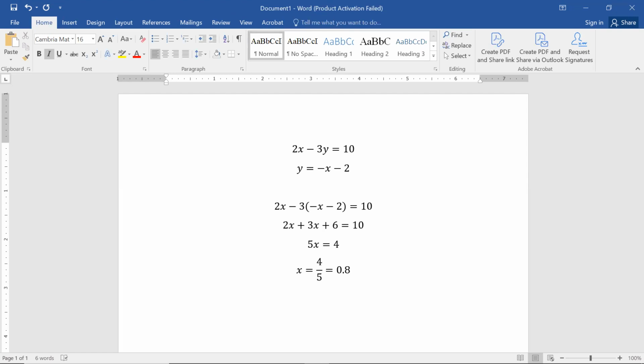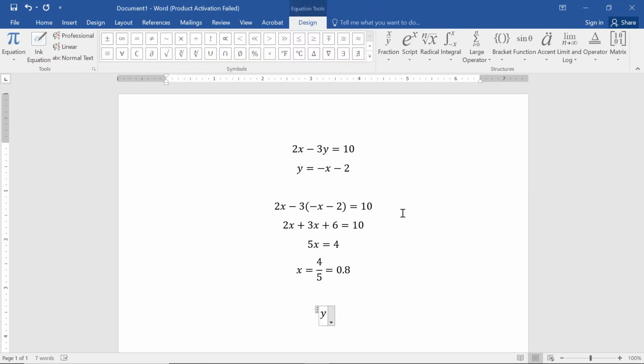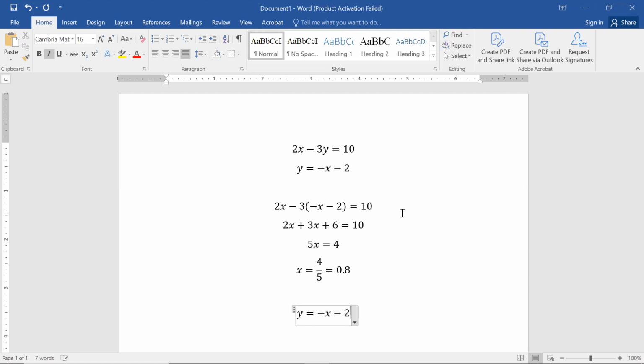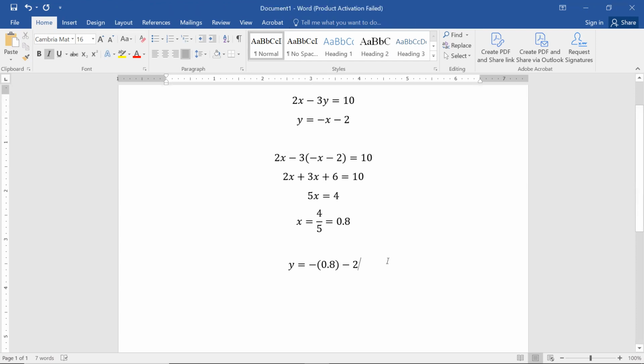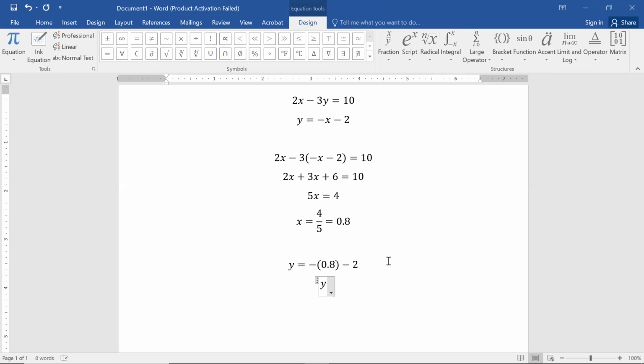Now that I know my x value is 0.8, I can use the equation that says y is equal to negative x minus 2 and plug in the 0.8 for the x value. And in this case, we get a y of negative 2.8.